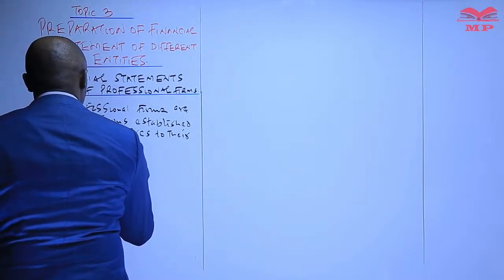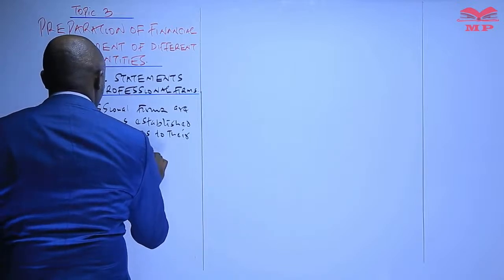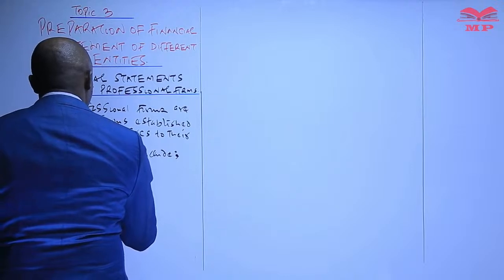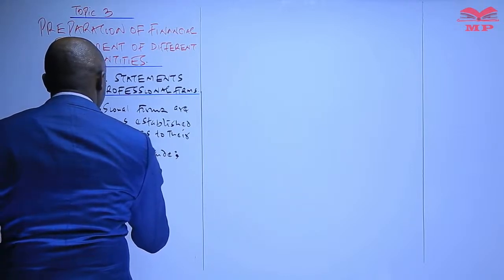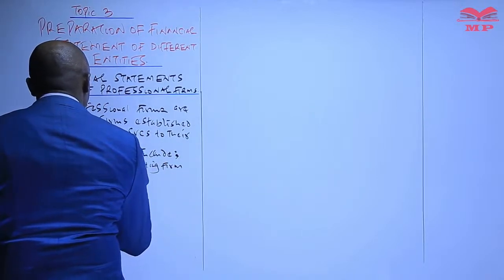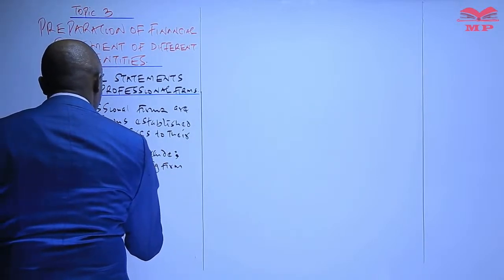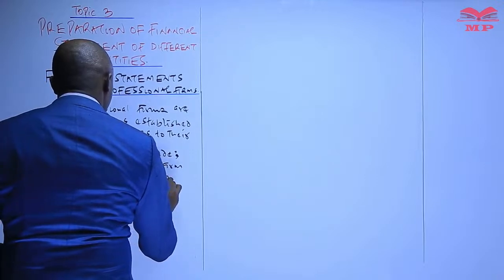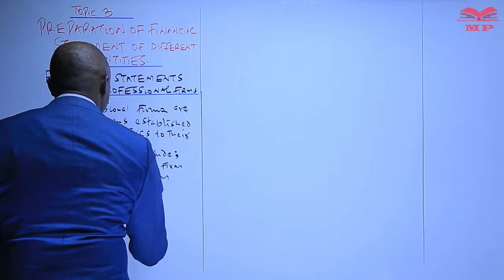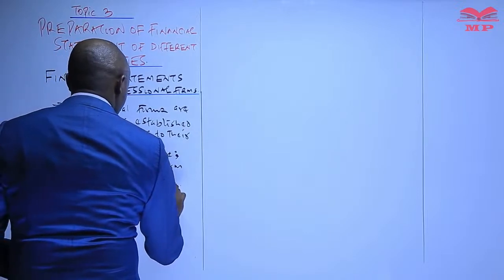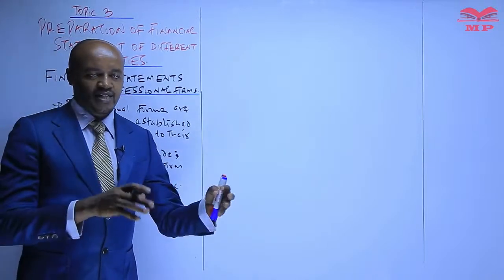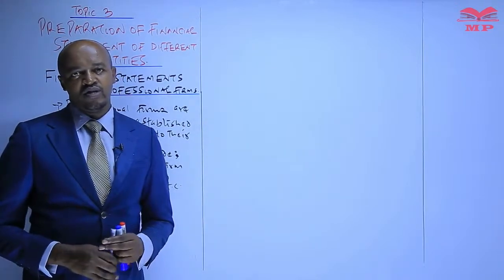Examples include, number one, an accounting firm; number two, an audit firm; number three, a law firm, etc. These are good examples of professional firms which are established to provide certain professional services to their clients.